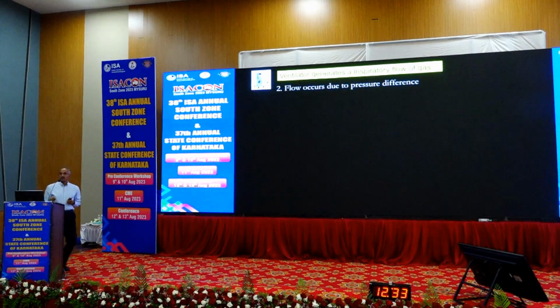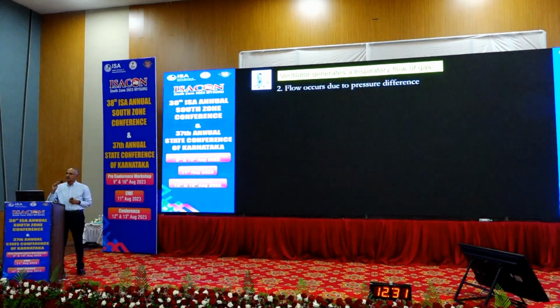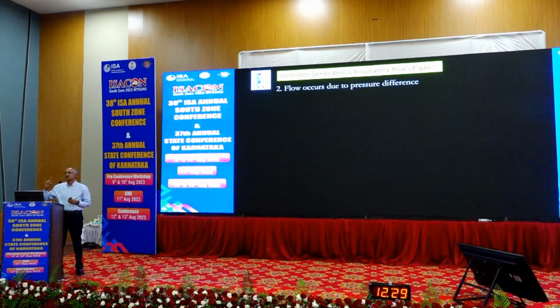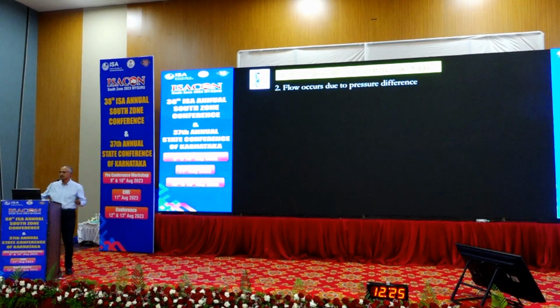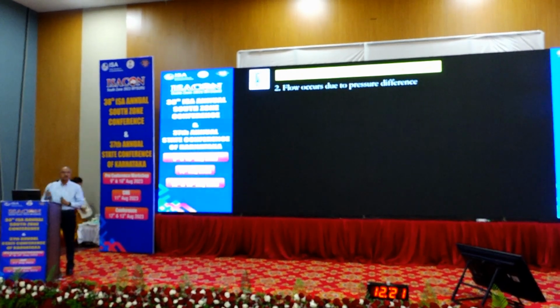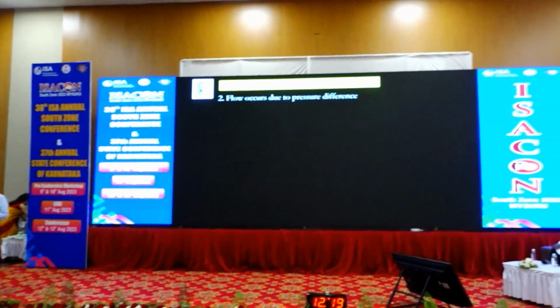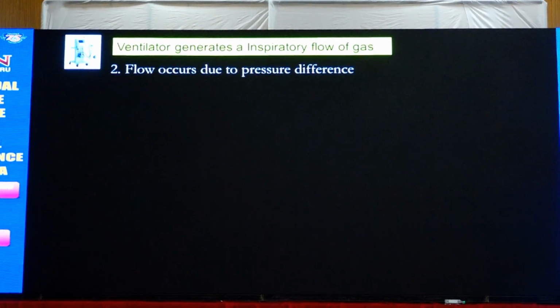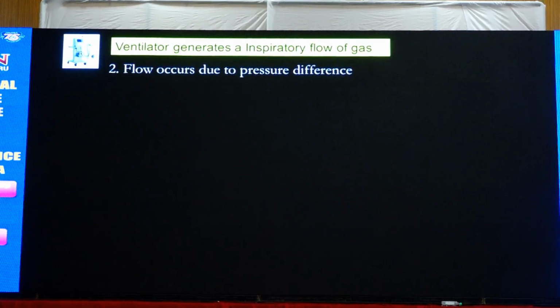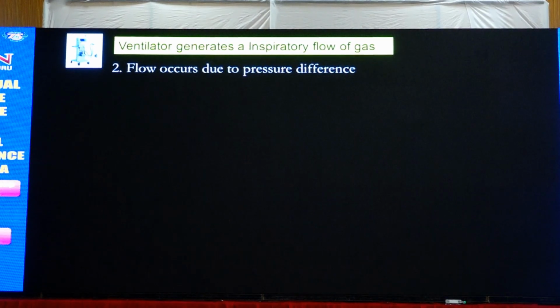One thing all of you have to remember is the ventilator does only one thing. It has been made into such a complicated thing that people think it's a very complicated piece of equipment. No, the ventilator does only one thing. It just produces an inspiratory flow of gas. Whatever you set, it just gives a flow of gas. And it is obvious, isn't it?